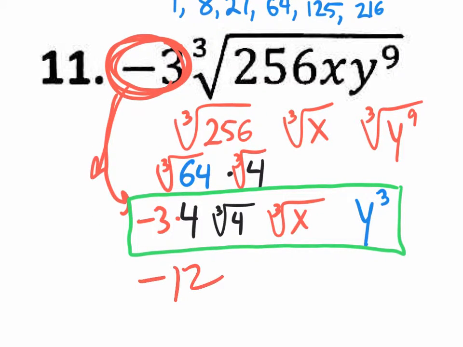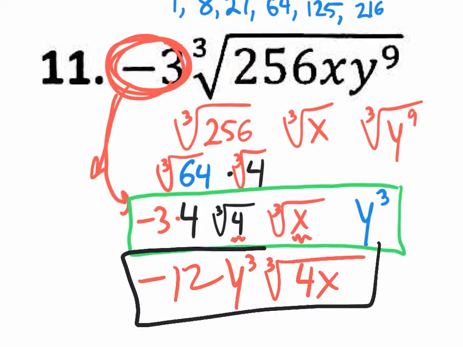And then what else could I write right next to the -12? y to the third. And then at the very end, we put our radical, our cube root of what? 4x, 4 and x together. And that's it. There's your answer: -12 y to the third cube root of 4x.